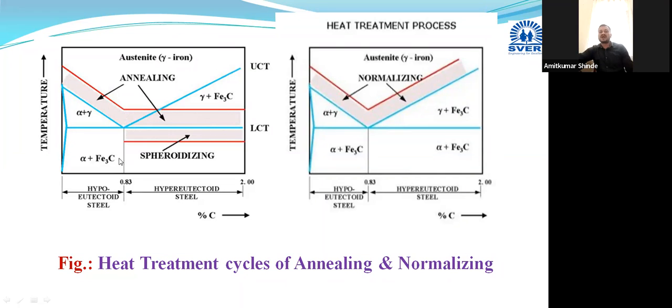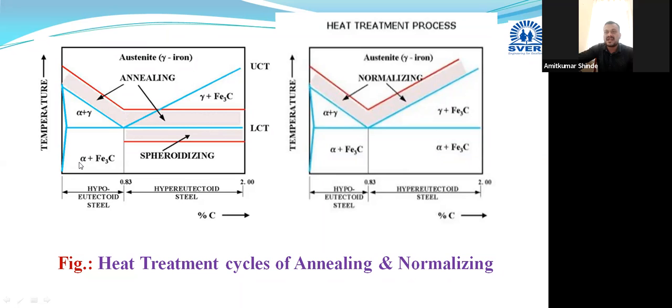Then the next question may arise: why for hypoeutectoid steel can we not use the region above A1, why can we not do heating in this region? If you see, in this region ferrite and austenite phases are there. The austenite will be transformed to martensite after water quenching, but the ferrite will remain as it is at room temperature also.